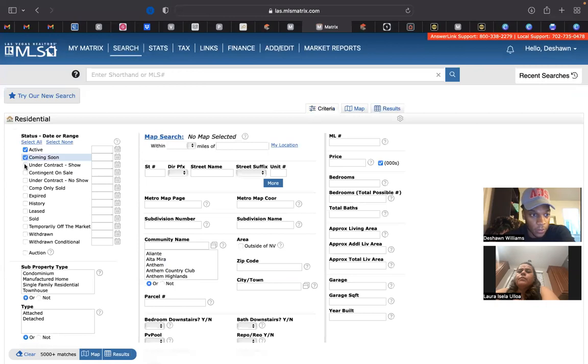So I'll just jot all that stuff in there really quickly. So it'll do that every now and again. If you have two browsers open on the MLS, sometimes it will invalidate one of your browsers and you'll just have to retype it in. Usually it will remember in your recent searches, but today it's acting brand new.